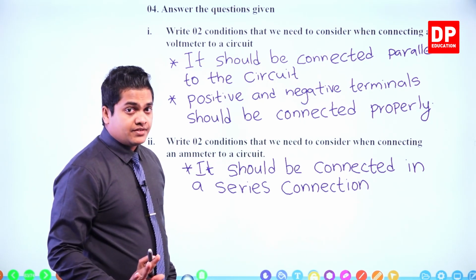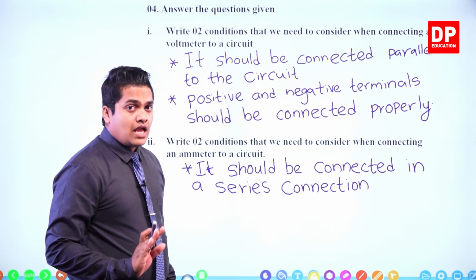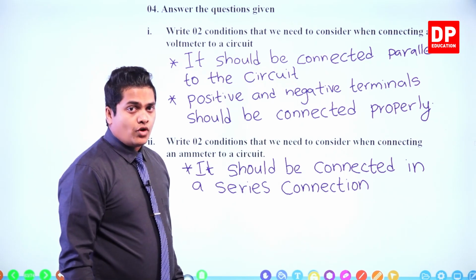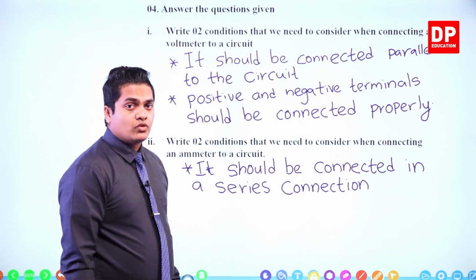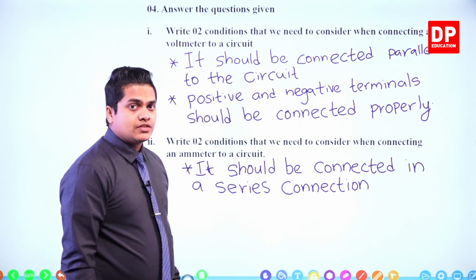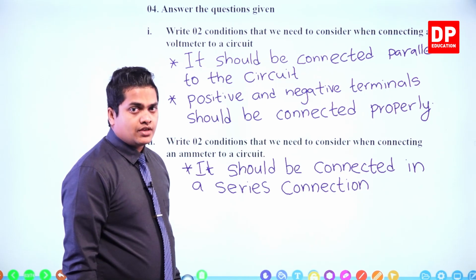And the second factor is, like in connecting a voltmeter, we have to consider the two terminals. So we have to connect the two terminals, plus and minus terminals, appropriately to the circuit.